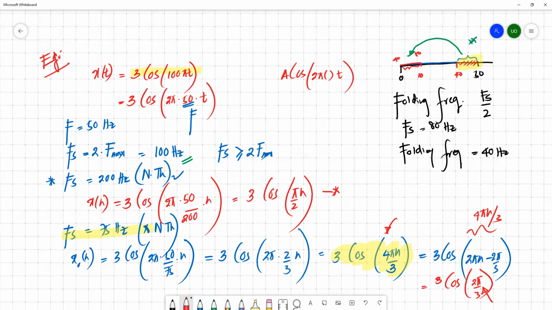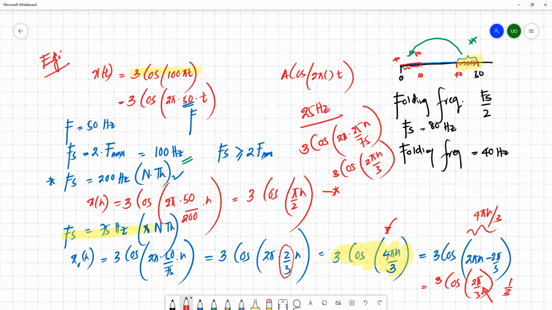Here you have 2 over 3, so if you can find a signal having this 1 over 3 ratio, then it's fine. So what would be the value which gives the 1 over 3 ratio? It's 25 hertz. If your signal is 25 hertz, you end up with 3 cos 2 pi 25 divided by 75 n, which ultimately is cos 2 pi n over 3.